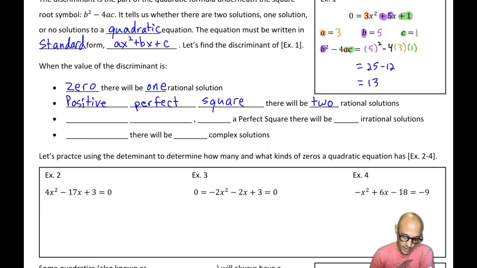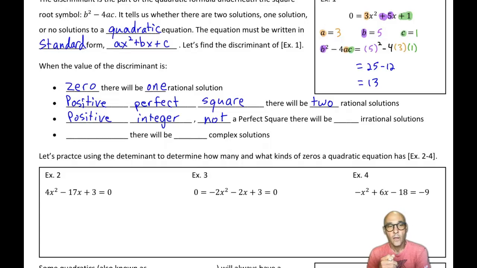The next possibility is a positive integer, not a perfect square. So a positive integer like 3 is not a perfect square, 2 is not a perfect square, 5.